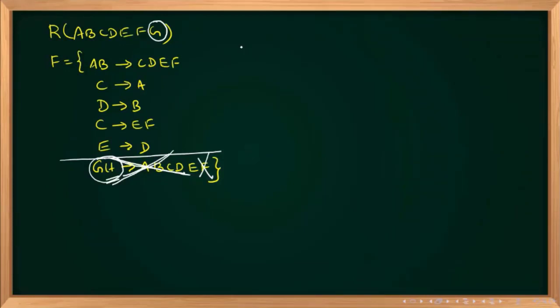So I cannot go with that. So we'll start with AB. Yes or no? We'll start with AB. I am taking the AB closure. When I am taking the AB closure, A, B, C, D, E, F, everything I am getting. Very good. If I remove A with B alone, can I get everything? No.